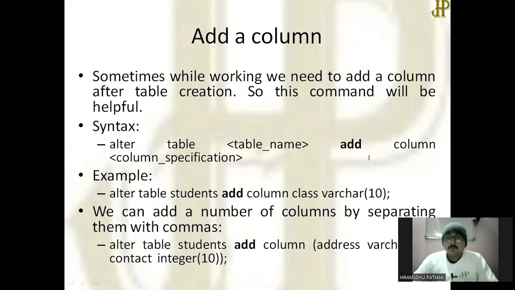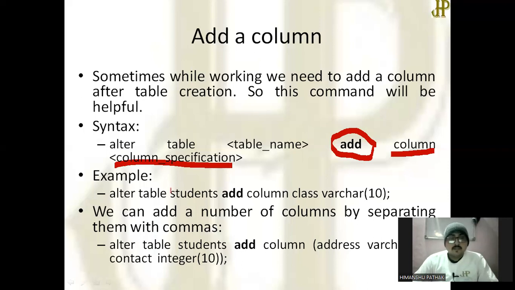And how? The syntax is very easy. Alter space table space table name in which you want to add a new column, then space, the add clause is to be written, then what you want to add, column or constraint? Yes, column. And then you have to supply the column specification, that is what is the data type, what is the size of the column.